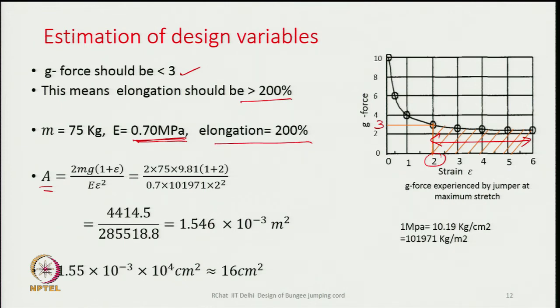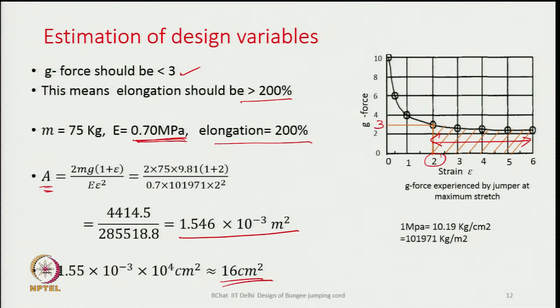So, if we put it at 200% elongation, then that means the strain is 2. So, we put the values in this equation, and from there we get a figure, the area is 1.546 to the power minus 3 meter square, and this is equivalent to 16 centimeter square.